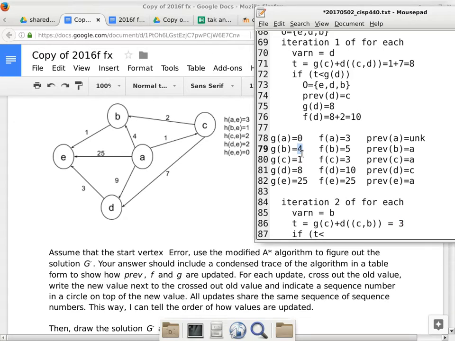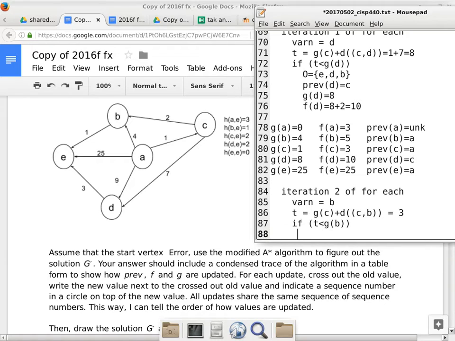In other words, previously, because we started with A, which has a direct edge connecting to B, the cost of the shortest path from A to B was 4 units. But now that we have found a shorter path, we have to update it. So t in this case is 3, which is in fact smaller than g of B. That means we have to go into the conditional statement and do all these other things.